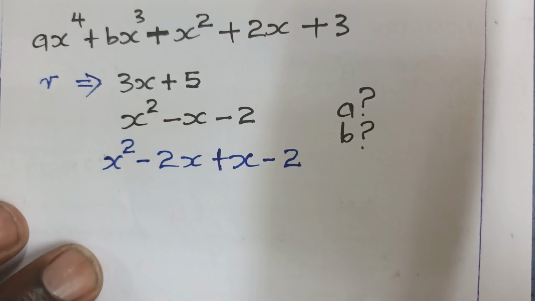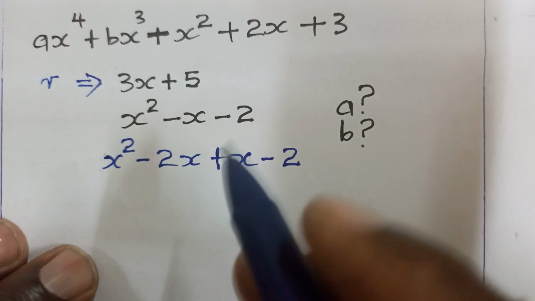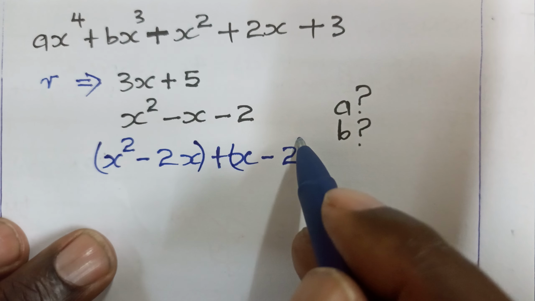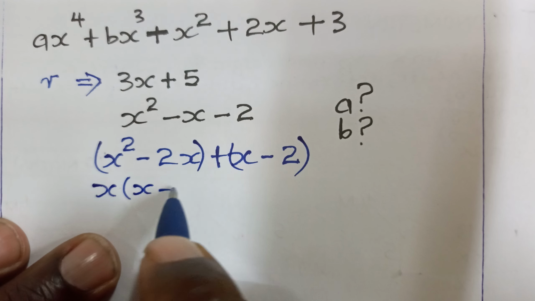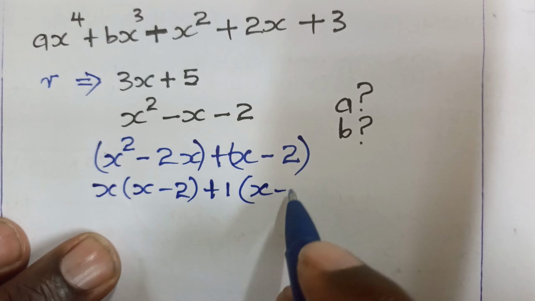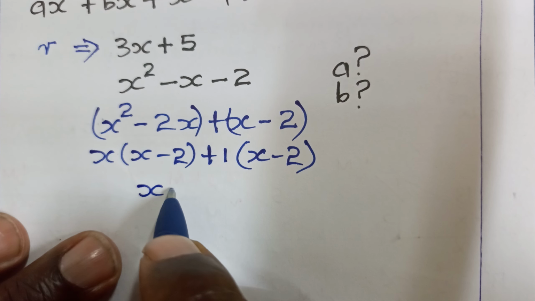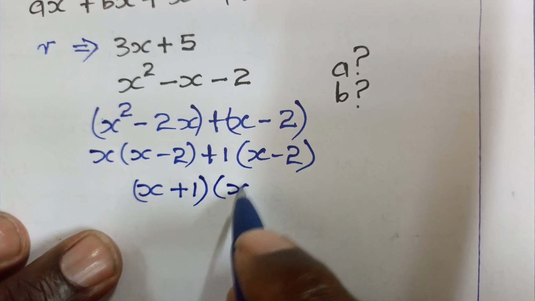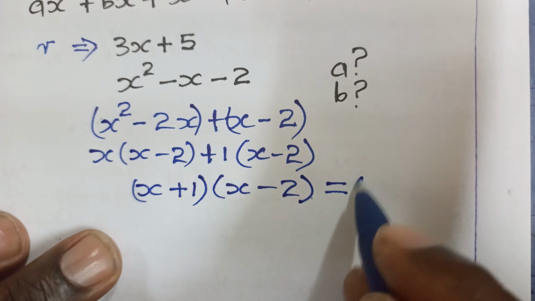We can factor out the x, and we are left with x(x - 2) + 1(x - 2). So our factors are (x + 1) and (x - 2), and this equals 0.